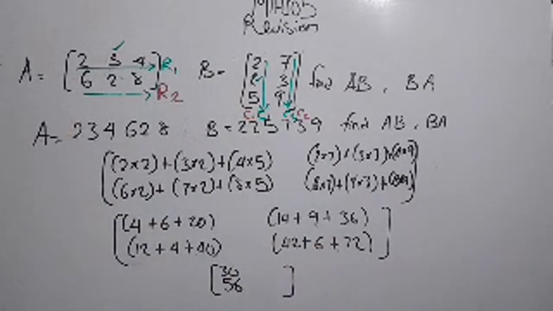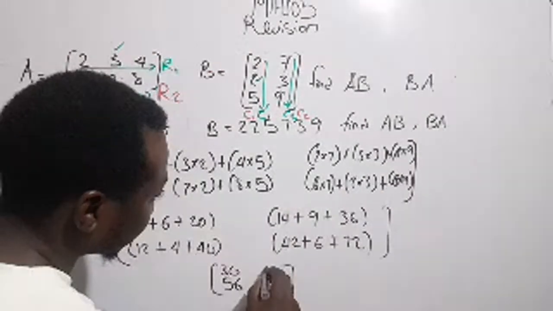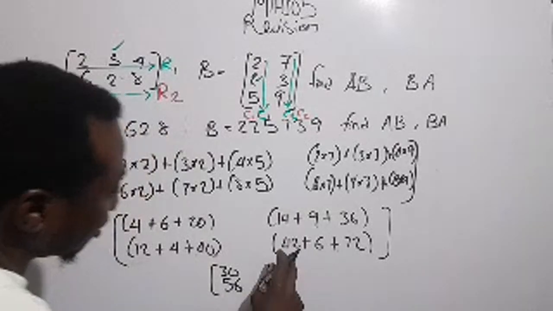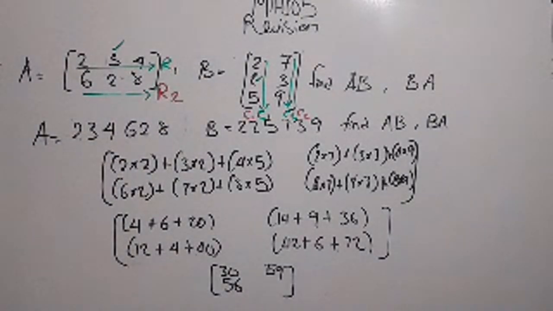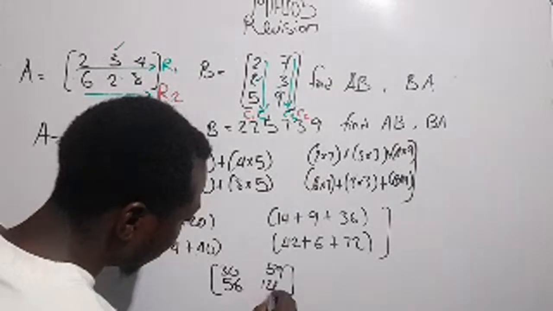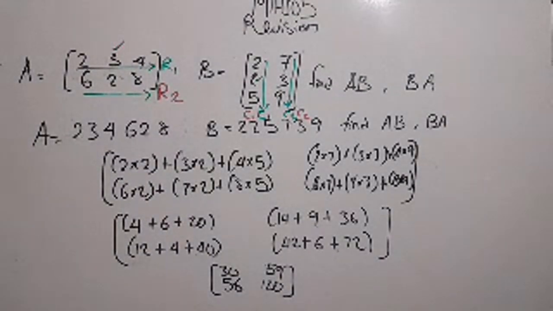This is 23 plus 36, 59. Then this should give us 72. And we have 42 plus 6. That should give us 120. And it's as simple as that.